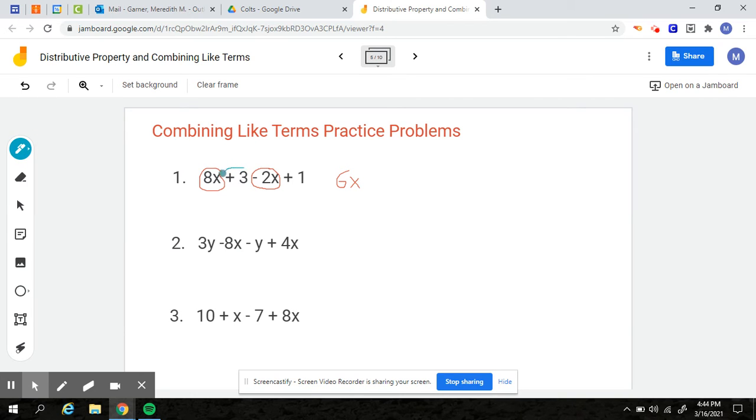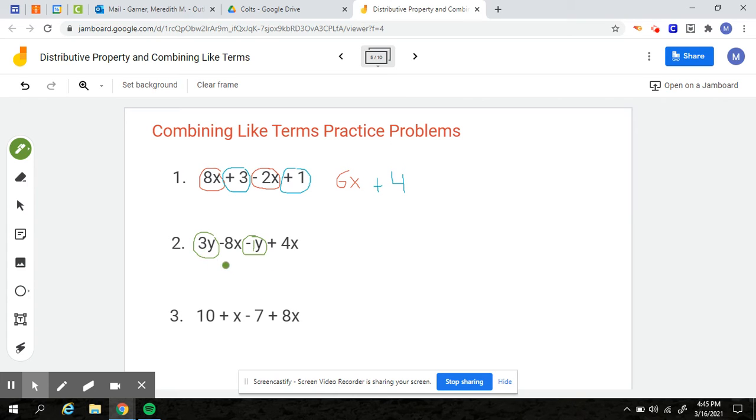The second part is the numbers. I have +3 and a +1. Combining those together, I will get +4. Number 2, combine my y's, so 3y and a -y, right? Remember, that's a 1 there if there's no number.